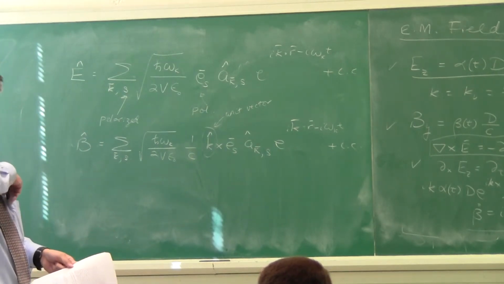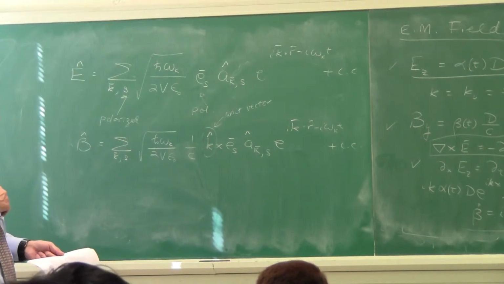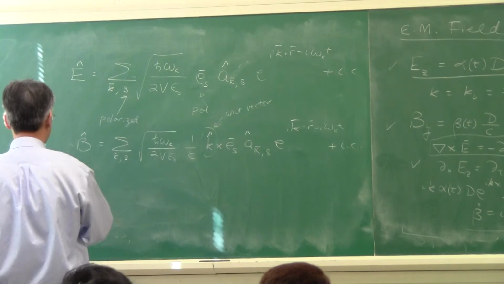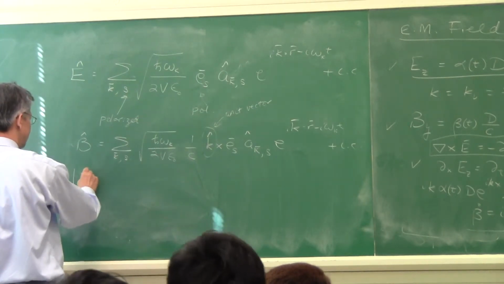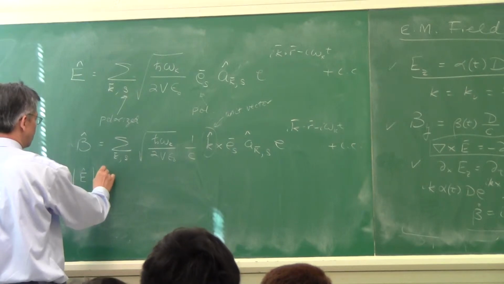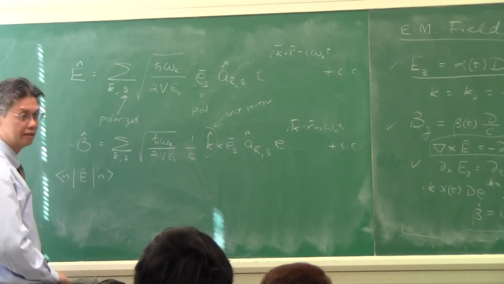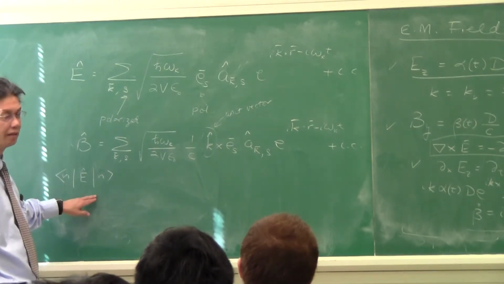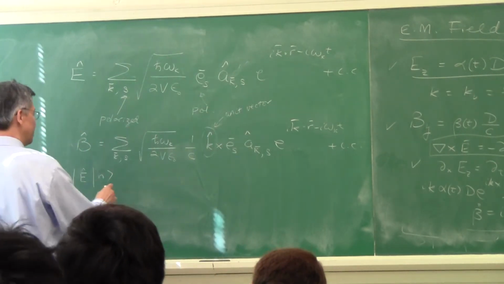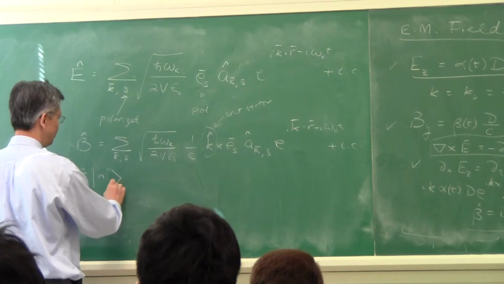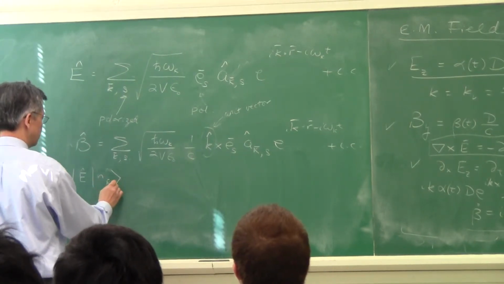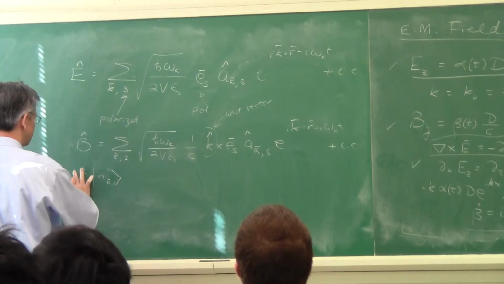Okay, and are there any questions regarding this quantization of the electromagnetic field? And what you notice is that if you take the expectation value with respect to the photon number state, say if you are in a photon number state that describes this creation operator, for a particular k, you will have different modes, okay, with different polarization.